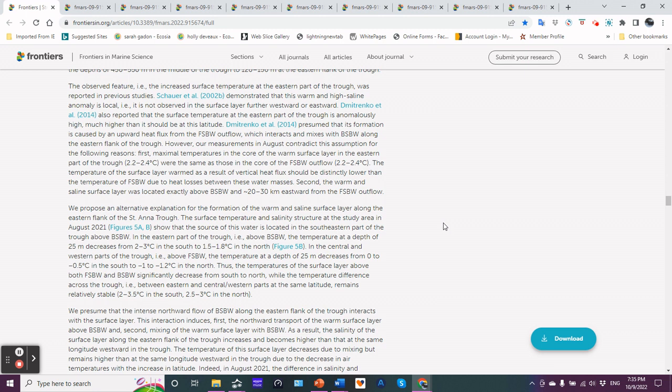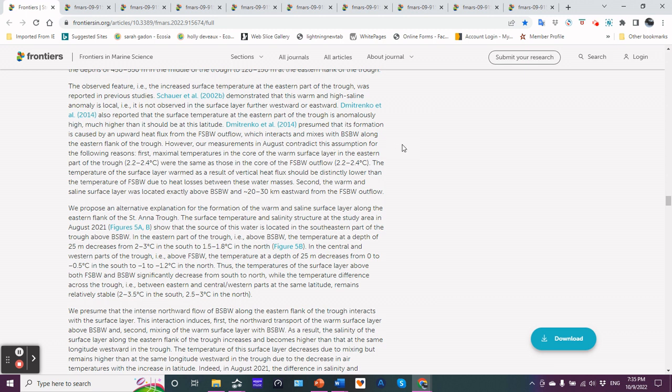So now the question is, why is that? And Dmitrenko presumed that its formation is caused by an upward heat flux from the outflow of the Fram Strait, which interacts and mixes with the Barents Sea branch water along the eastern flank.